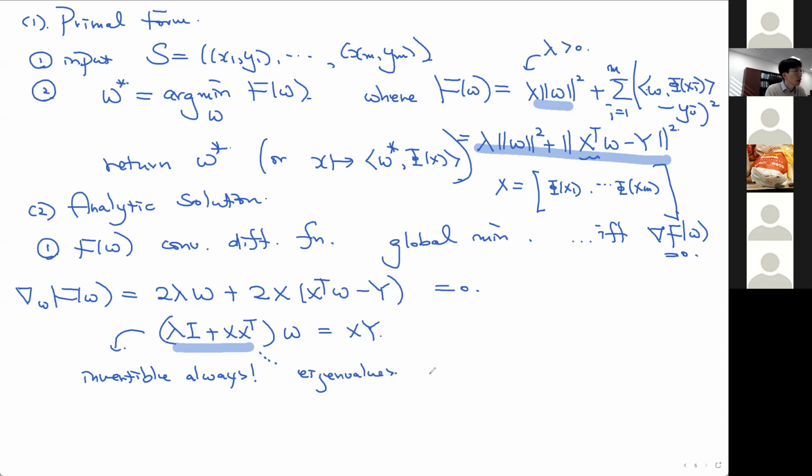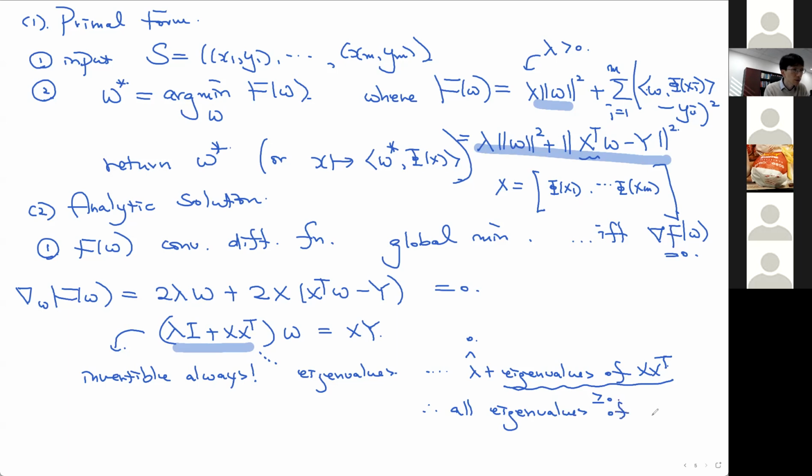The eigenvalues of this matrix, lambda I plus X transpose X: because the first matrix is the identity matrix, each eigenvalue is a sum of lambda plus an eigenvalue of X transpose X. But when I talked about linear regression, I said the eigenvalues of X transpose X are always non-negative real numbers. And lambda is a positive number, which means that all eigenvalues of lambda I plus X transpose X are positive.